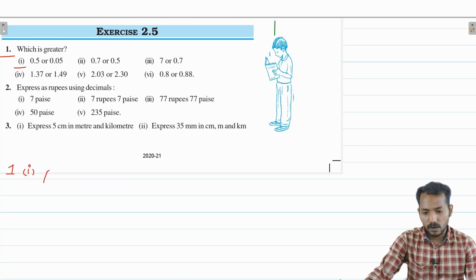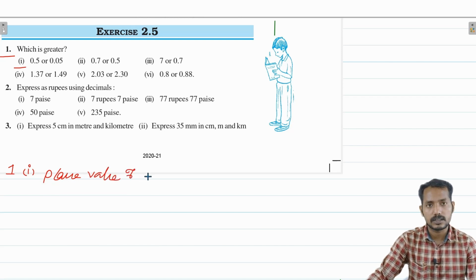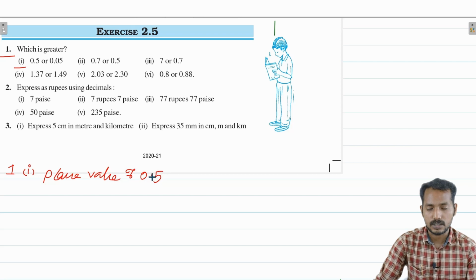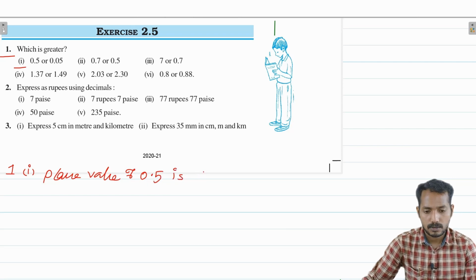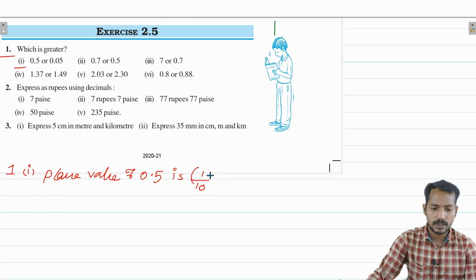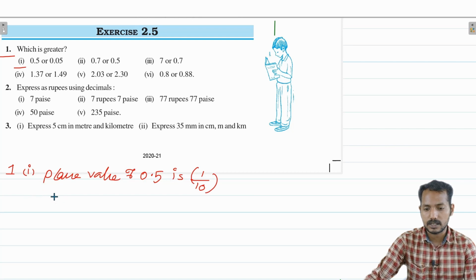The place value of the digit 5 in 0.5 is 1 by 10, that is the 10th place. Clear? In other words, we can write in expanded form, that 0.5 is equal to 5 into 1 by 10.